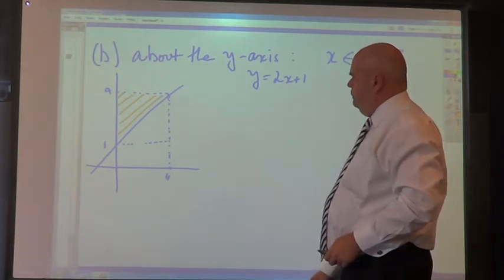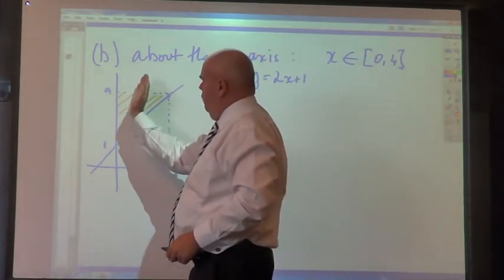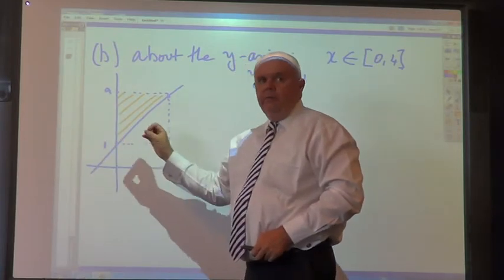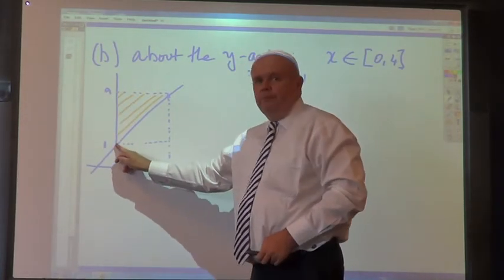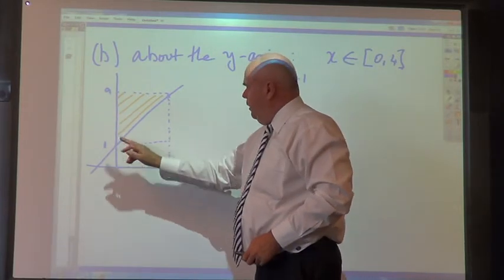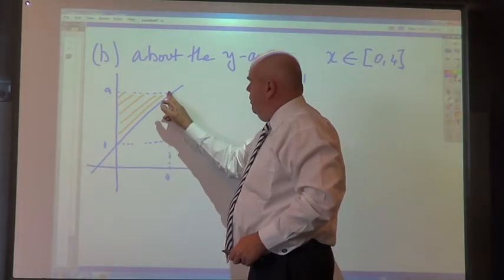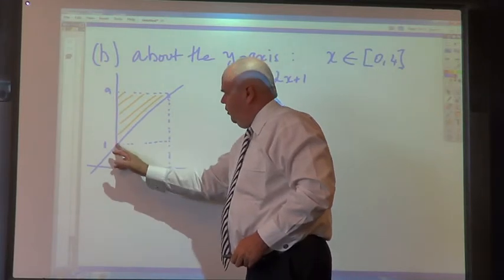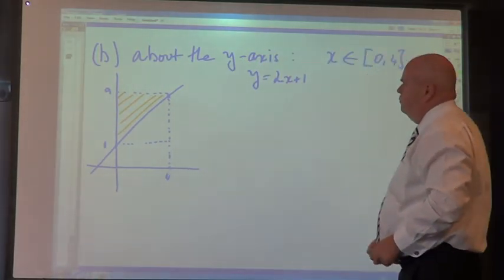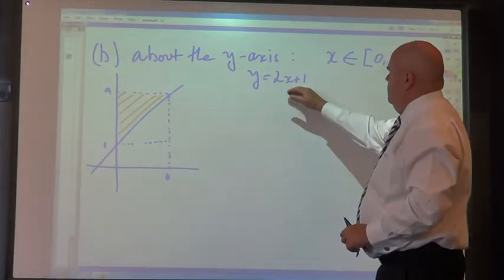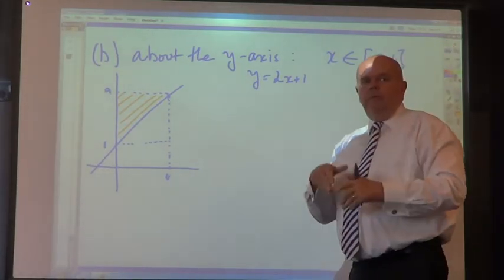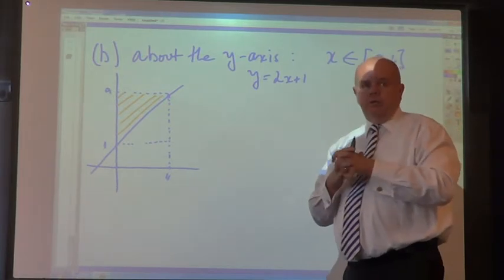But when we're rotating around the y-axis, our limits now change from 9 down to 1, because when x is 4, y is 9, and when x is 0, y is 1. So we've got to adjust our limits and make x the subject of our equation. But apart from that, the procedure is the same.